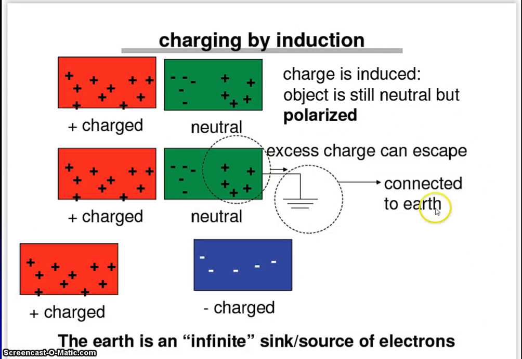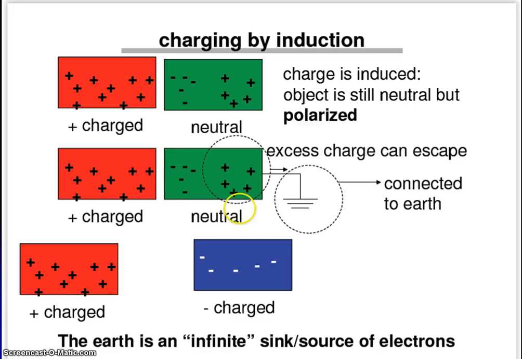And here is an example, right? Neutral, okay, but what's very important here is it's neutral, but it's polarized. So if this is a positively charged object, you see these negative charges are kind of attracted to that, right? That's the law of charges.